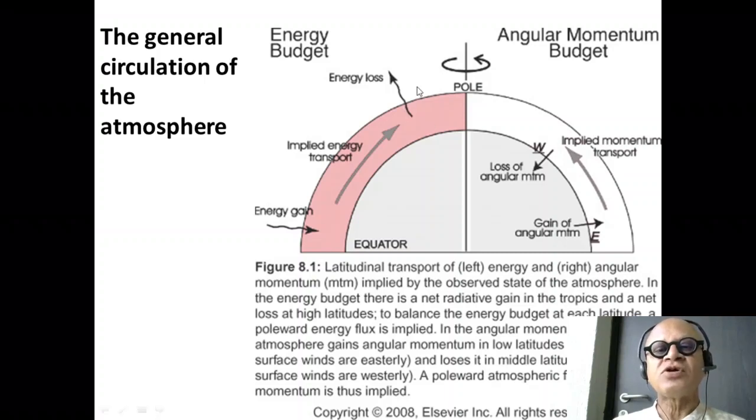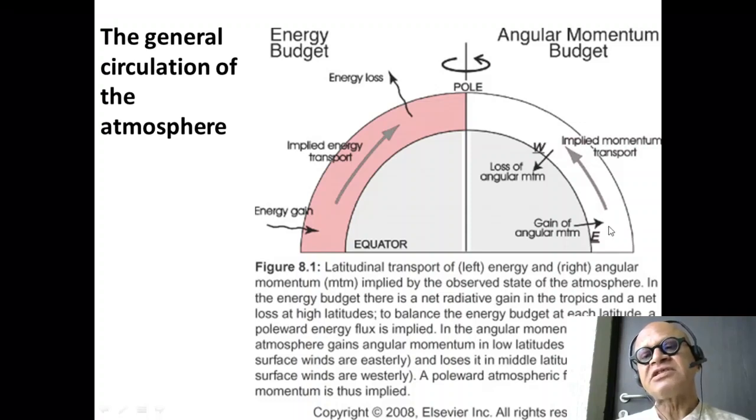And the only way to keep the higher latitudes from getting colder and colder from energy loss and the low latitudes from getting warmer and warmer from the energy gain, we have to move energy, right? So there is an implied energy transport, and we derived it for annual mean as some 6 petawatts. We will come back to this number again.